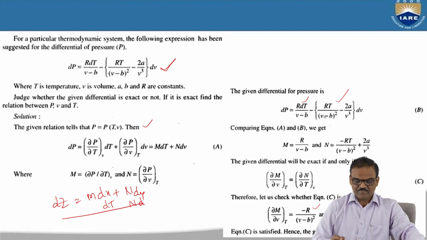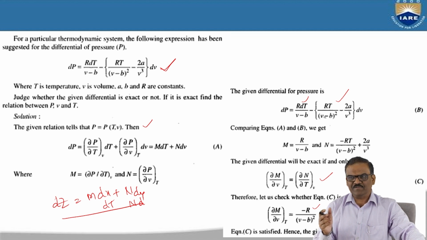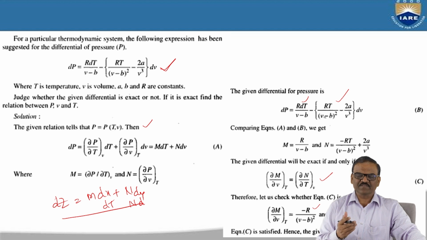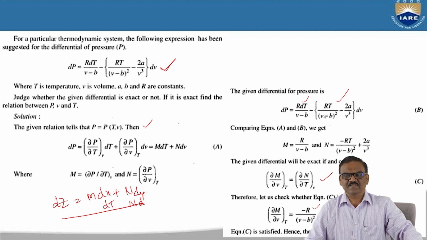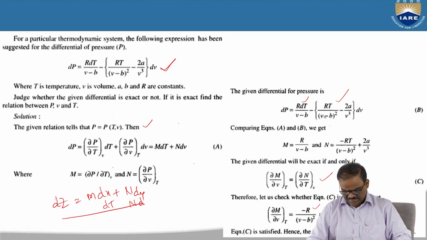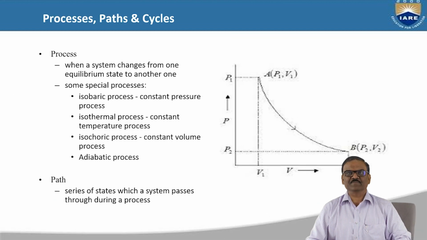With this we can judge. For any expression that is a function of two variables, we express it in terms of M dx plus N dy and verify their partial differentials. If they are equal, then that particular governing equation is a property and it is an exact differential.